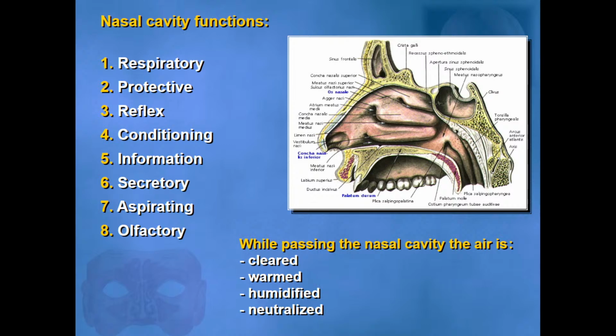If the environment temperature is hot, the air becomes cooler. If the environment temperature is cold, it's the opposite, and the air becomes warmer.